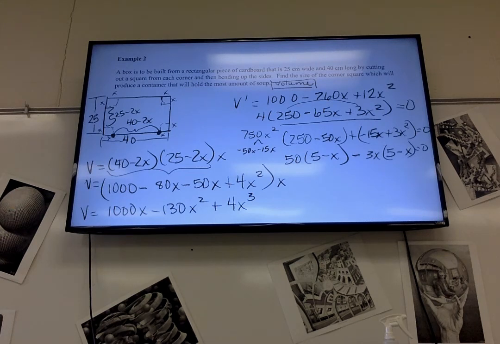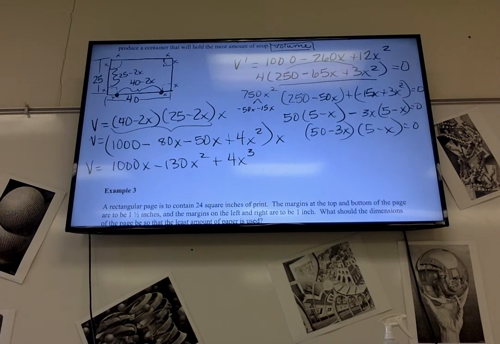So 50 minus 3x and 5 minus x. Setting each one of those equal to 0, you get x equals 50 over 3 and x equals 5.